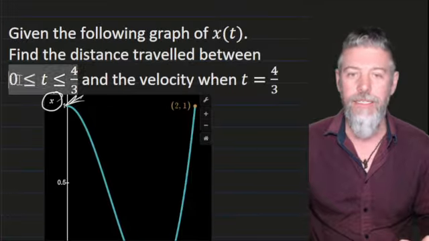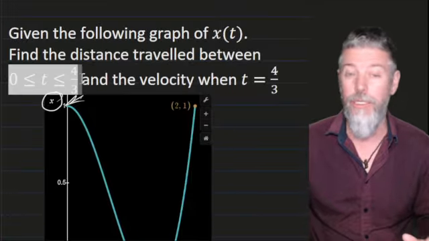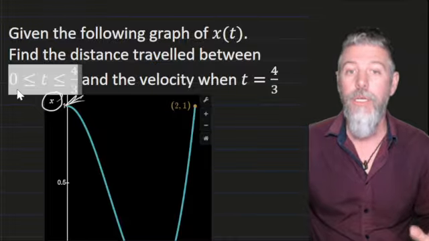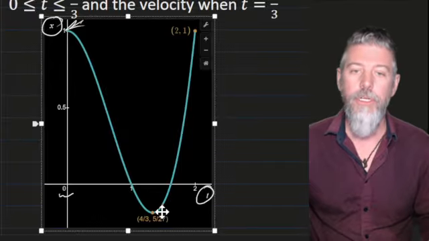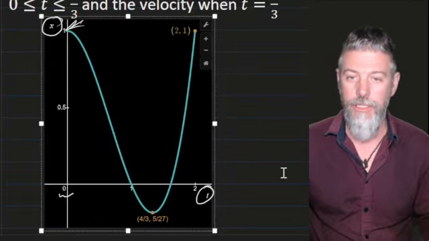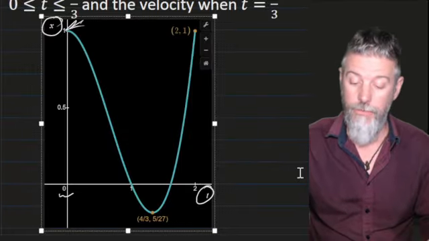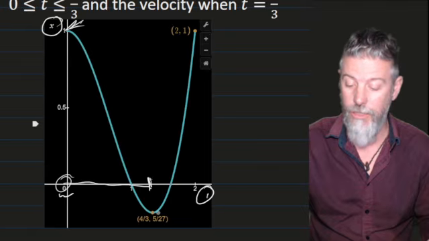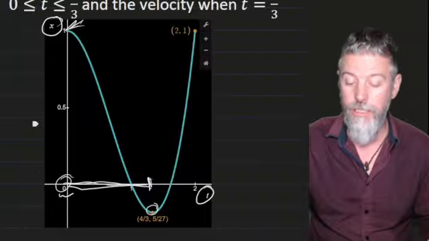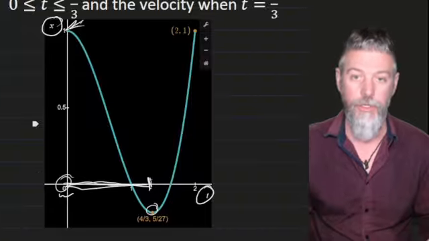And you can see that the domain of time that we're using is from 0 up till t equals 4/3. So we're going from 0 all the way to this point here on the graph. We're wondering what distance was covered by the particle across there.